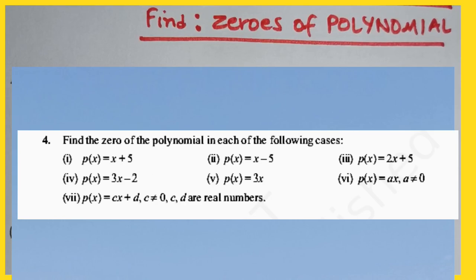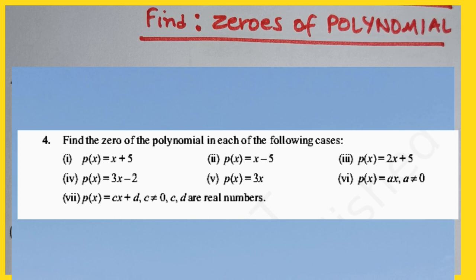So today we are going to solve the question: how to find the zero of a polynomial. In such questions, you have to find a value of your variable at which the whole equation, that is the whole polynomial, becomes zero.